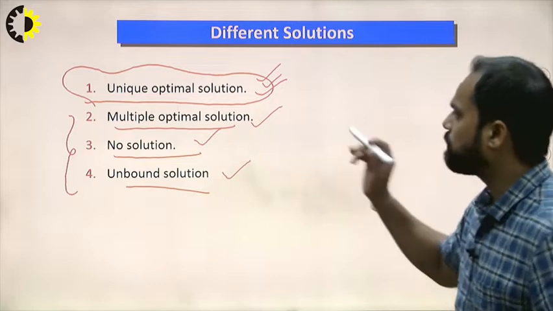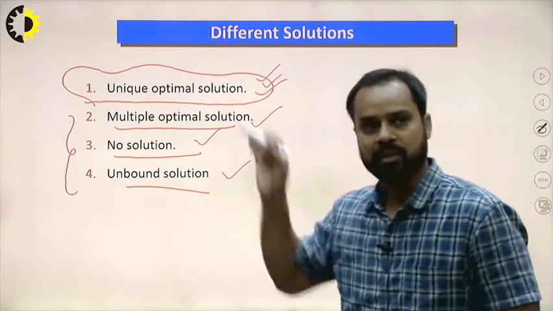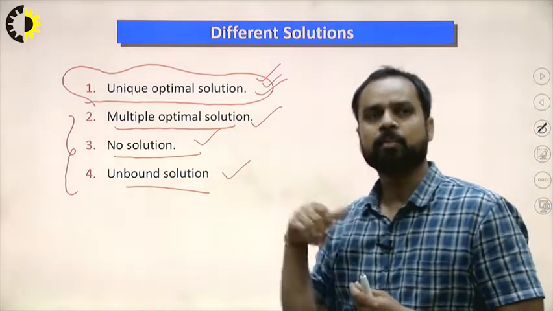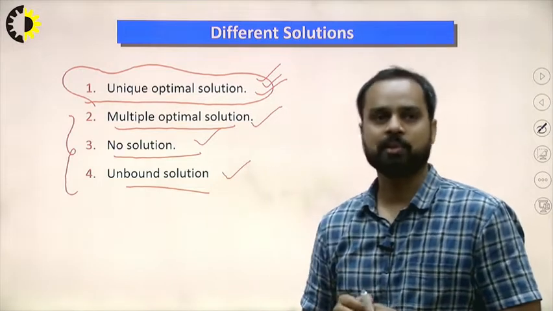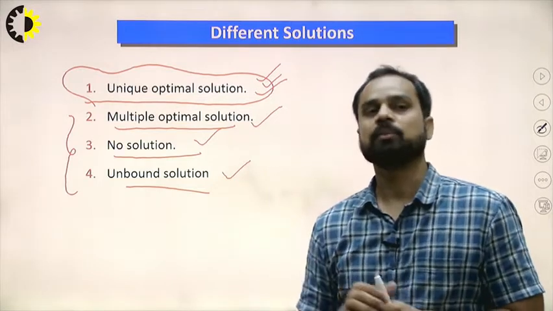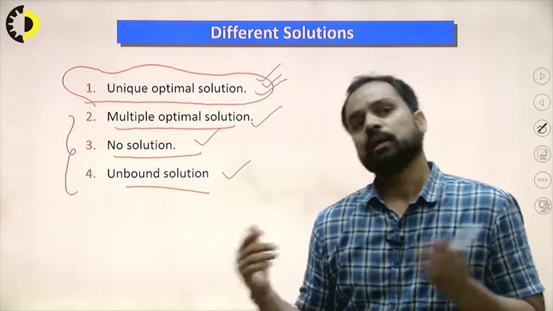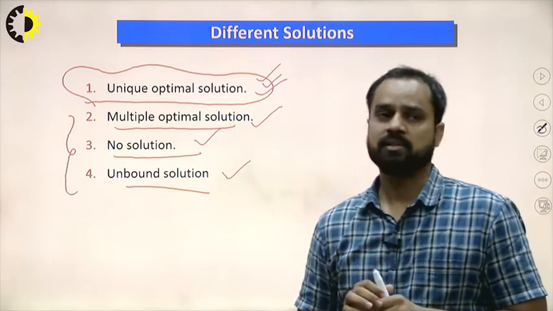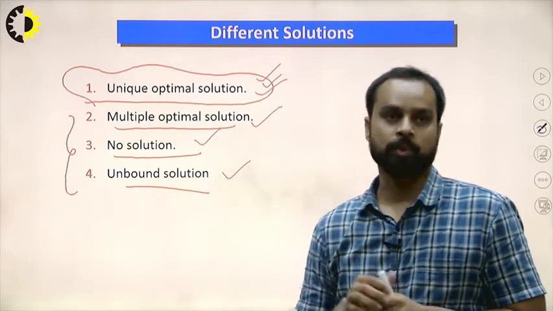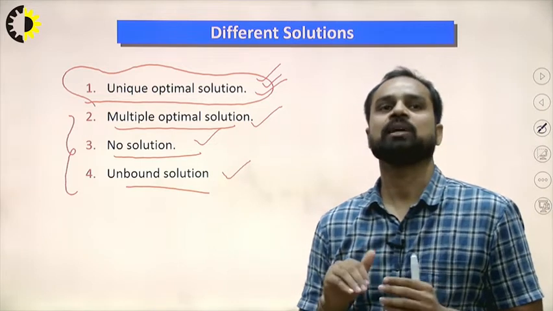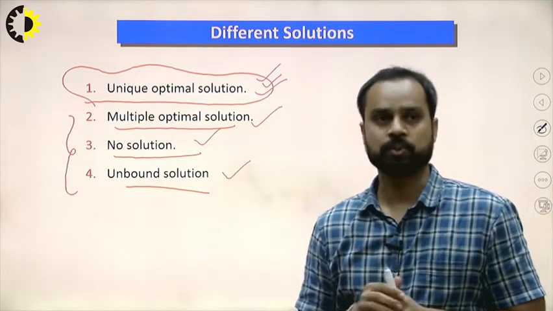So, multiple optimal solutions. Before going into detail, let me briefly explain how a problem can have multiple optimal solutions. It means there are different combinations of decision variables that give a single optimum value, that is, more than one corner point at which the value is optimal.